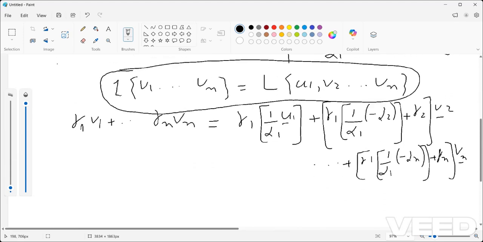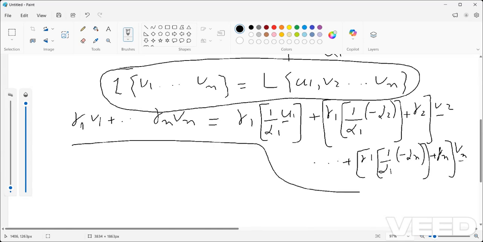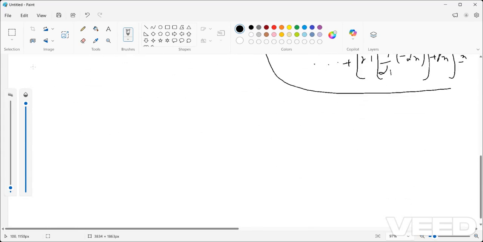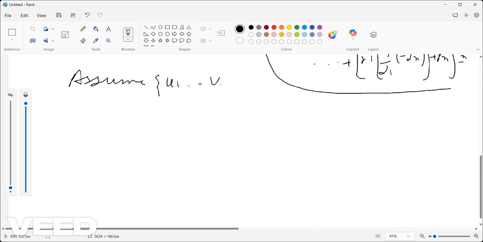Now what remains to be shown is that u1, v2 till vn are linearly independent. So assume the contrary, that this set is linearly dependent.